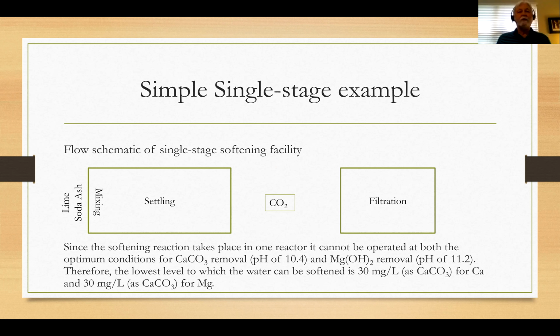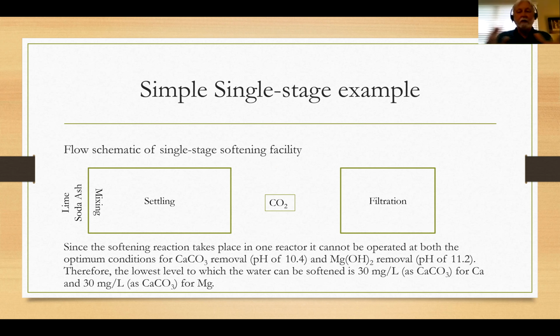And since the softening reactions take place in 1 reactor, and we add the stoichiometric amount, that gives us a pH of 10.4. And that is ideal for precipitating calcium. Okay, and we'll talk about that on the next slide. It's okay for precipitating magnesium hydroxide, but the ideal pH for precipitating magnesium hydroxide is a pH of 11.2. So we can't operate that 1 settling basin at 2 different pH values.